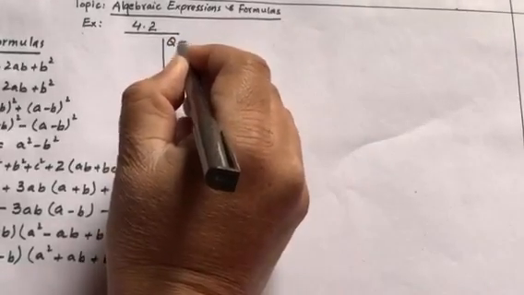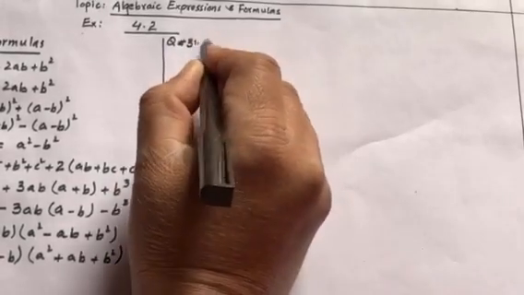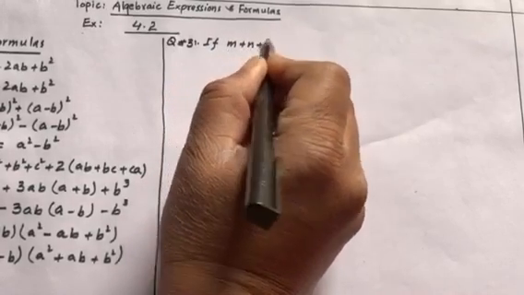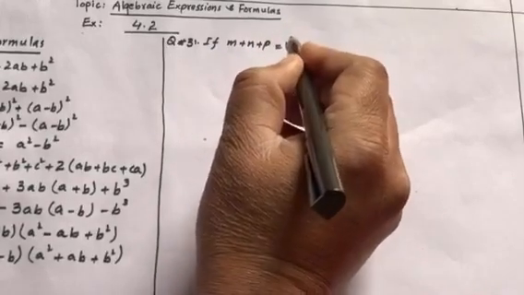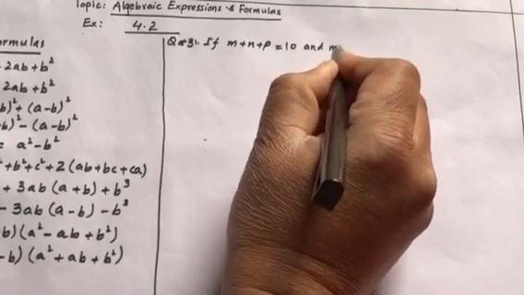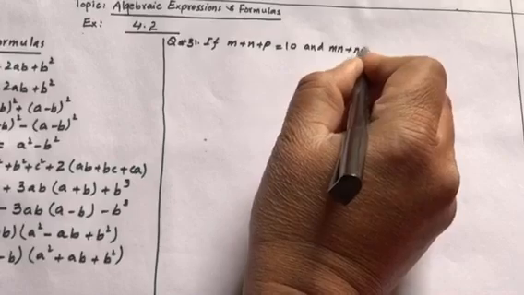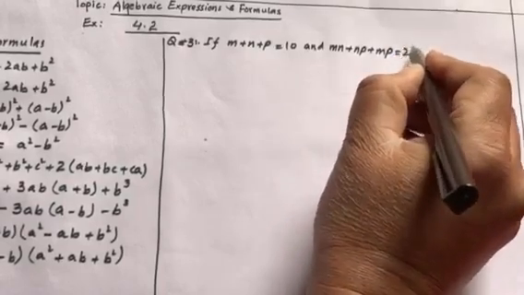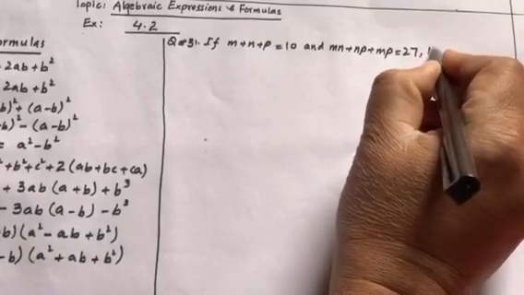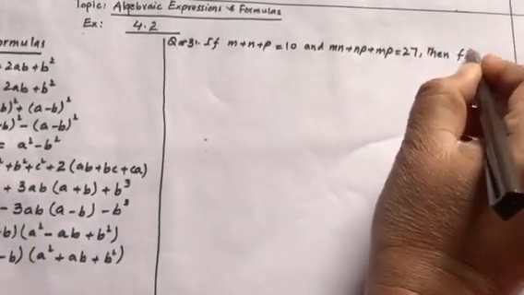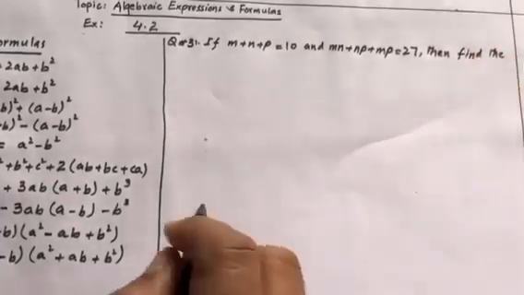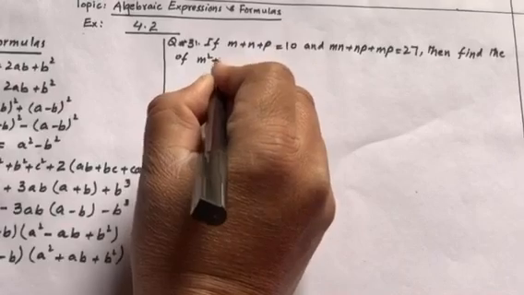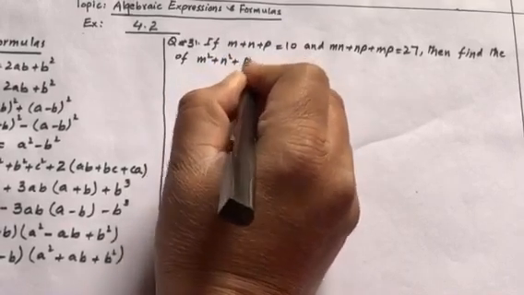The statement of question number 3 is, if m plus n plus p is equal to 10 and mn plus np plus mp is equal to 27, then find the value of m square plus n square plus p square.